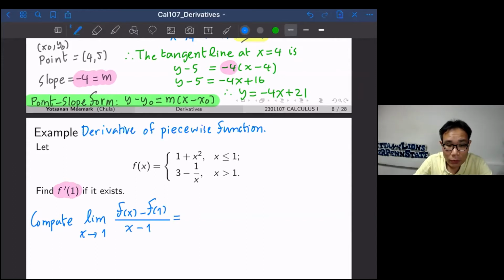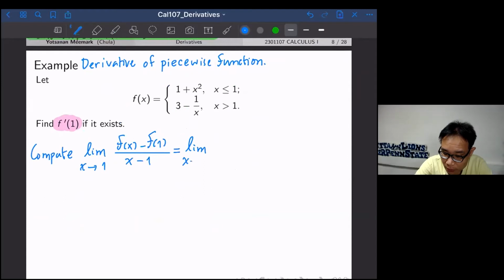In this case, you see that this will be the limit as x goes to 1 of this function.